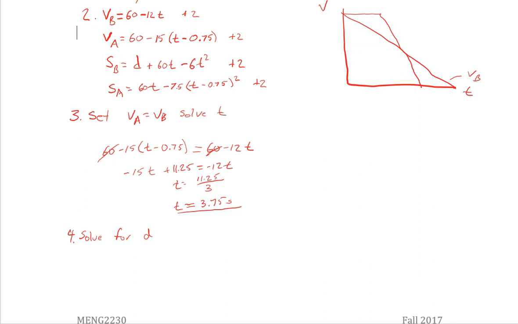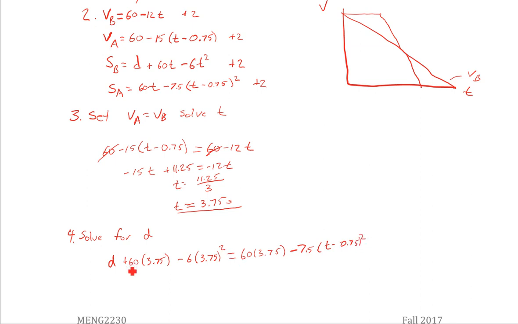So what are the two positions at that time? SB is D plus 60 times 3.75 minus 6 times 3.75 squared, equals SA, which is 60 times 3.75 minus 7.5 times t minus 0.75 squared.